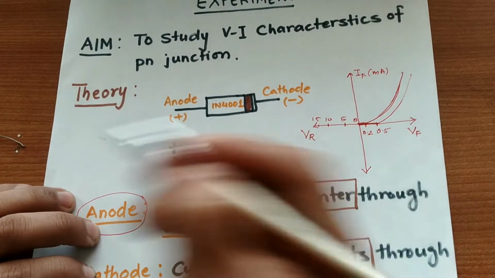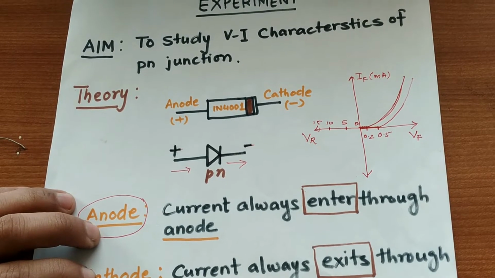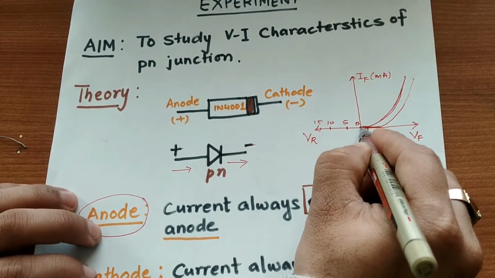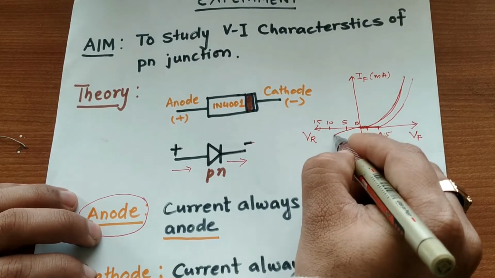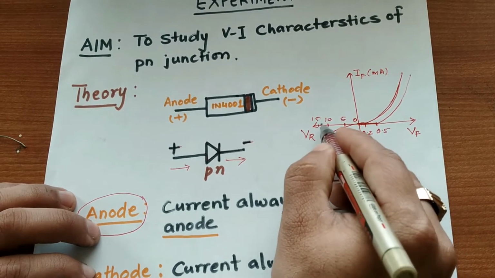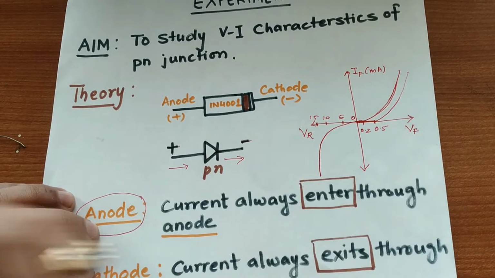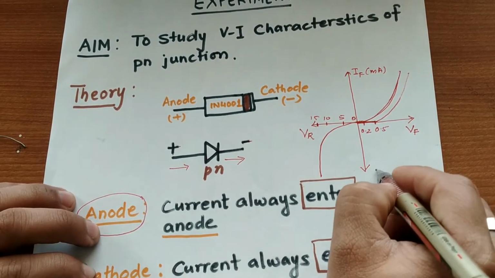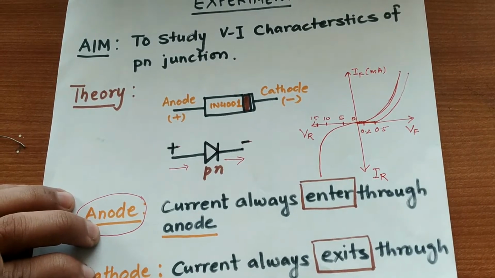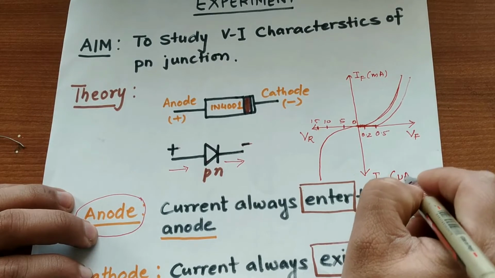The characteristic in a reverse bias diode, which you have already studied in your theory classes, is something like this: after applying some range of voltage, there is a sudden increase in the current. The current in the reverse direction we measure as IR, and this is measured in microampere.